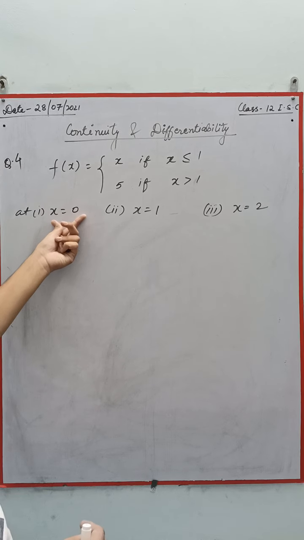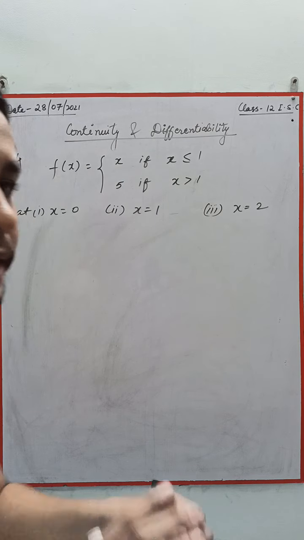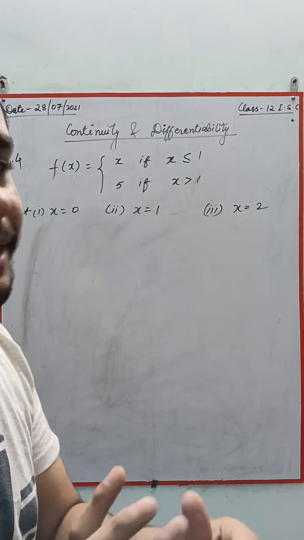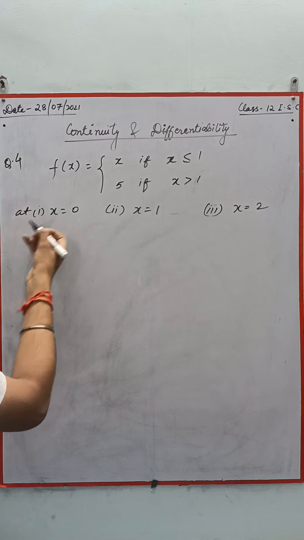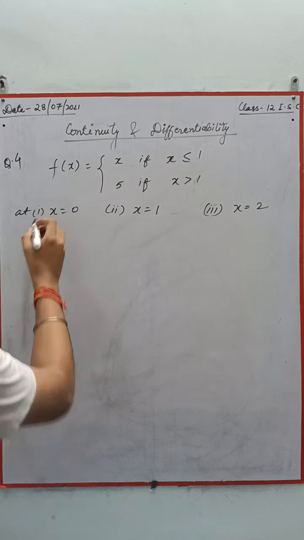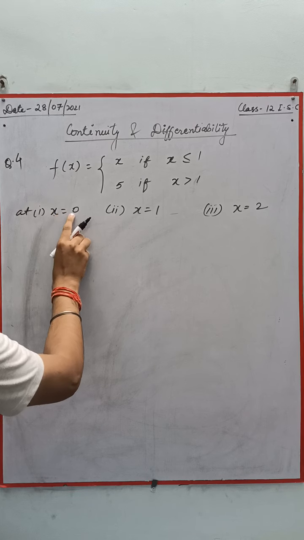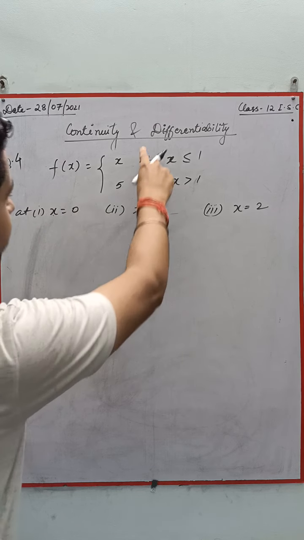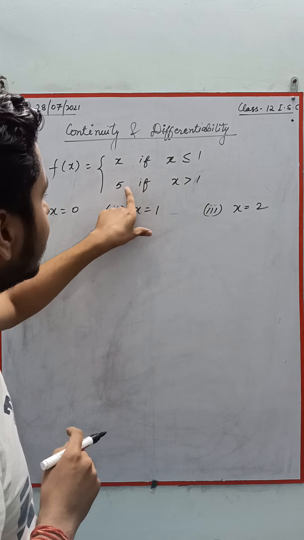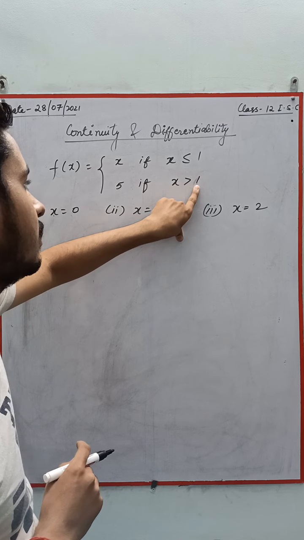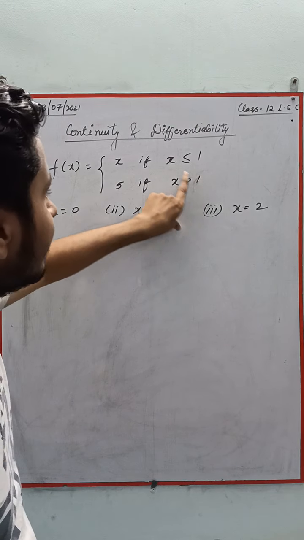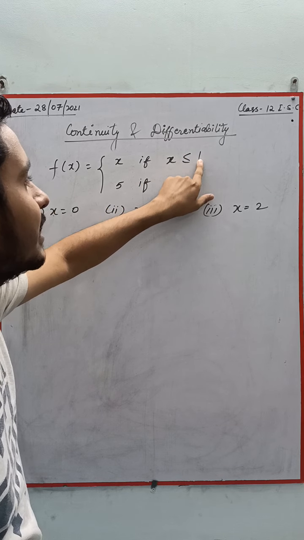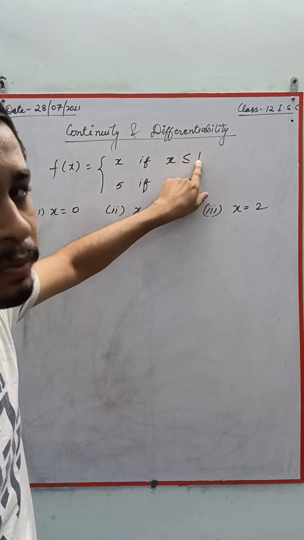For x = 0 we will be checking its LHL, RHL and its value on the function. Which condition do I have to take? This condition says x greater than 1, meaning 2, 3, 4, 5, 6, and this says less than or equal to 1. That means in this we'll get x = 0.